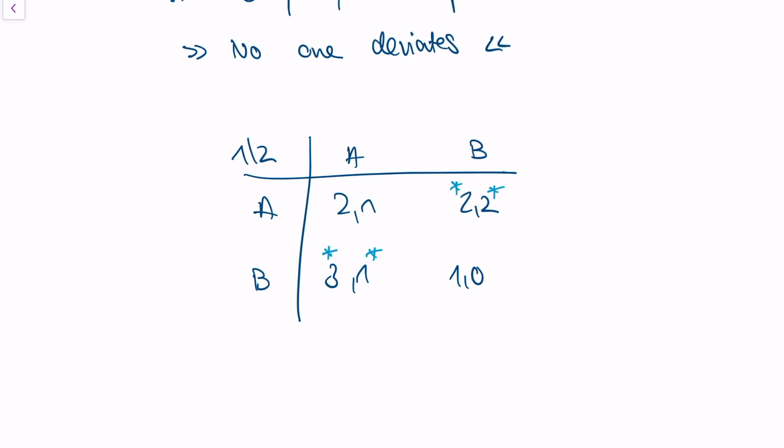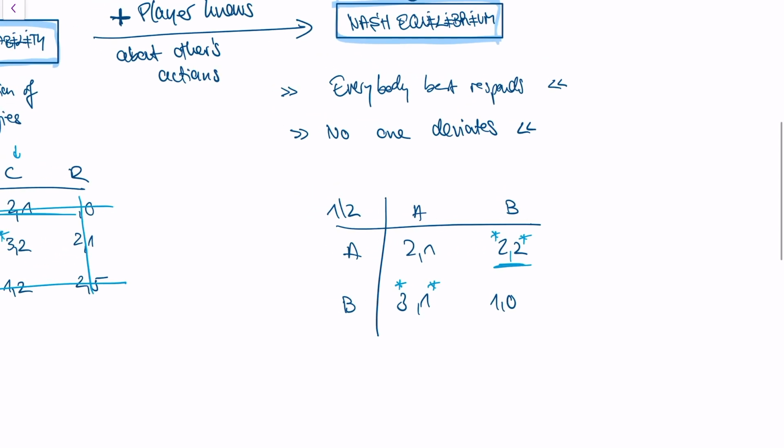Let's look at player 1. If I know that player 2 plays B, then I will want to play A, because 2 is a higher payoff than 1. So this is an equilibrium. So if we set a game and we assume that everybody knows what the others' actions are, then AB is an outcome that we can expect.